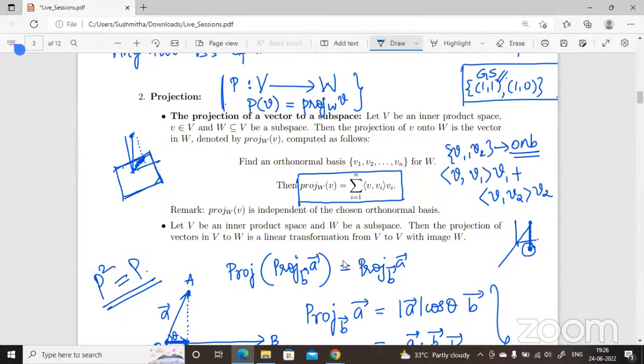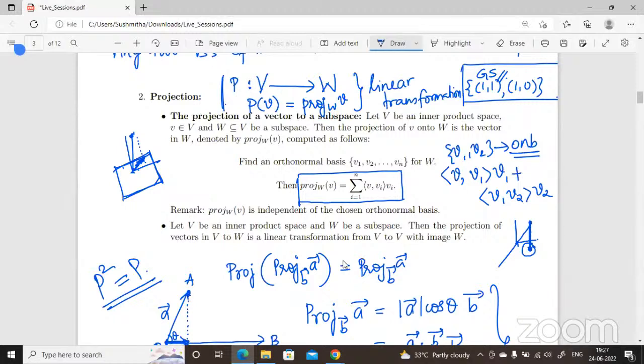Take my word for it that this is a linear transformation. If you project the sum of two vectors, that's equal to the sum of the projections of those two vectors. If you project alpha times the vector, it's alpha times the projection of the vector, and all that stuff.